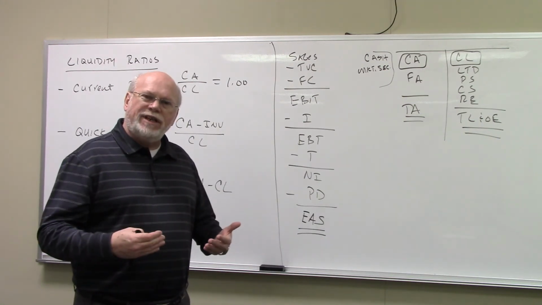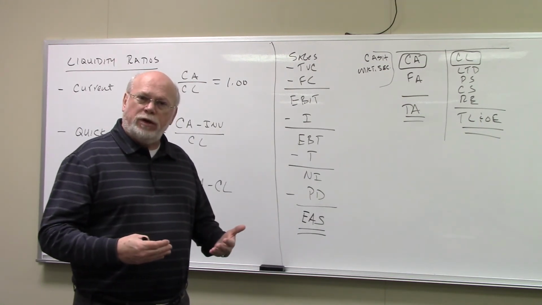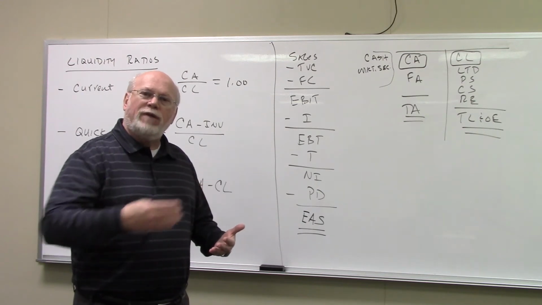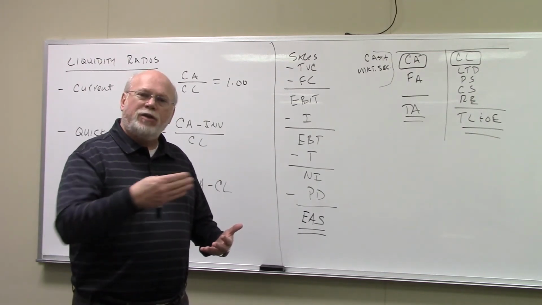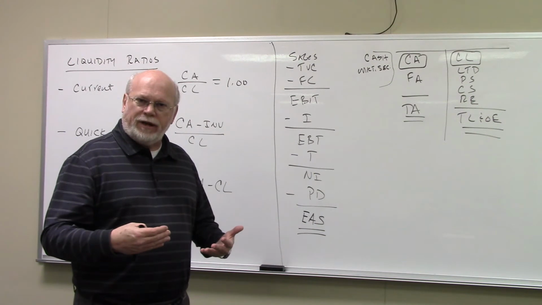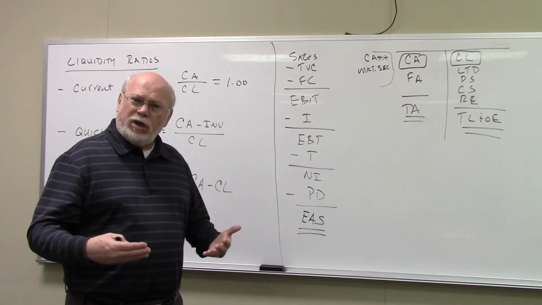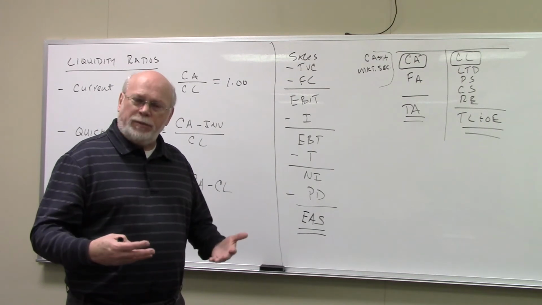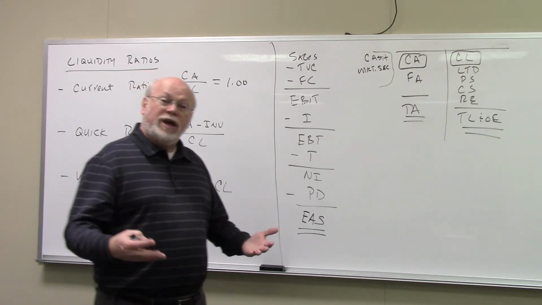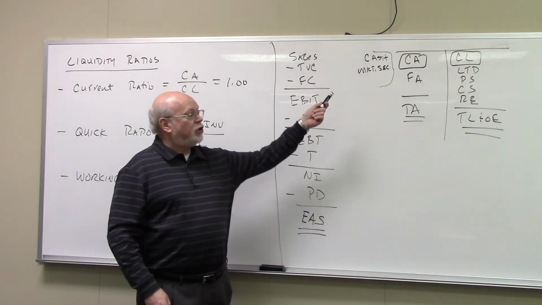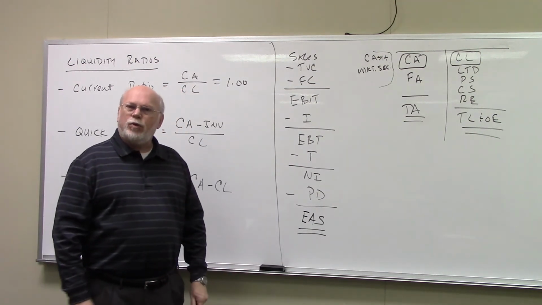If you break your CD early, they're going to charge you a penalty for doing that. If you have a treasury bill and you want to sell it, the broker's going to charge you a fee for selling it. So those assets are very liquid. It doesn't cost much, but it does cost something to convert it to cash. Because of that, marketable securities is not as liquid as cash is.